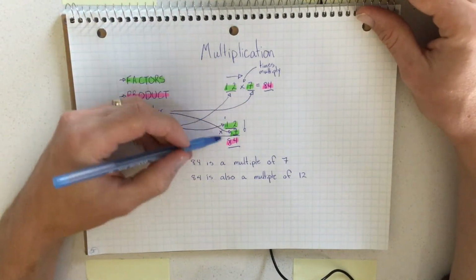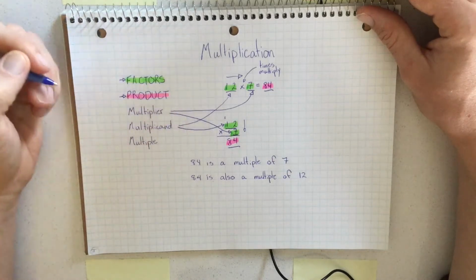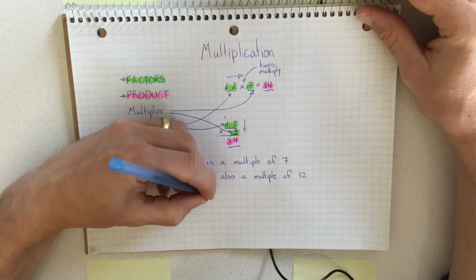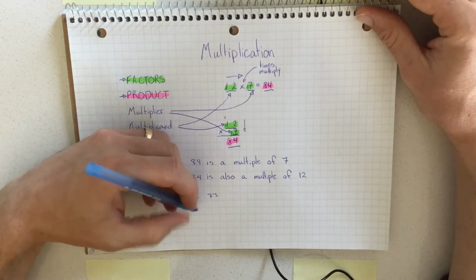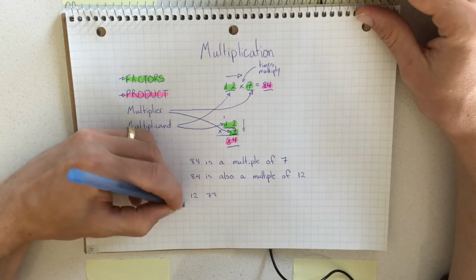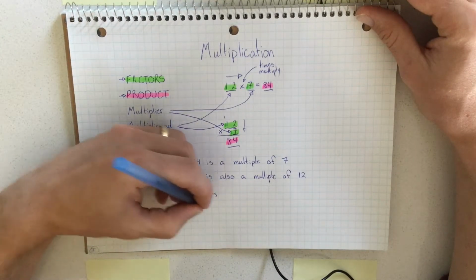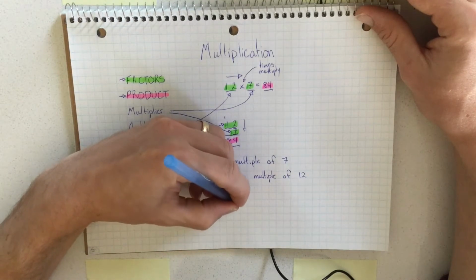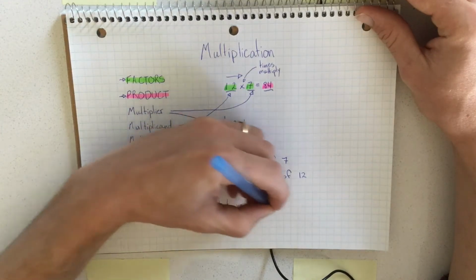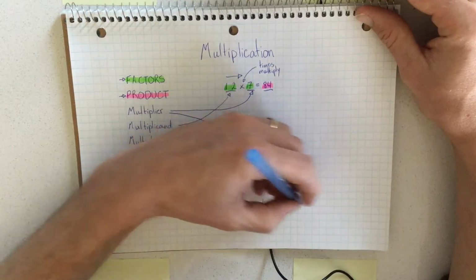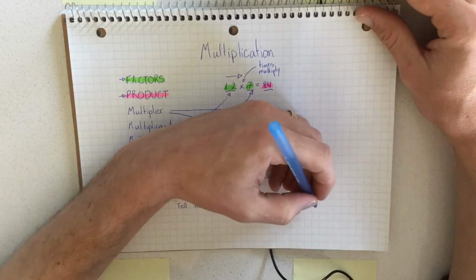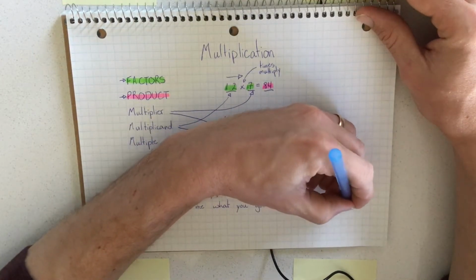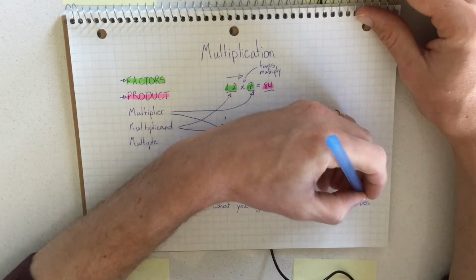Another way you might hear these described is you might not hear the operation at all. Someone might ask for 12 sevens, or written as a word problem, tell me what you get with, we'll write it as the word 7, 12s.